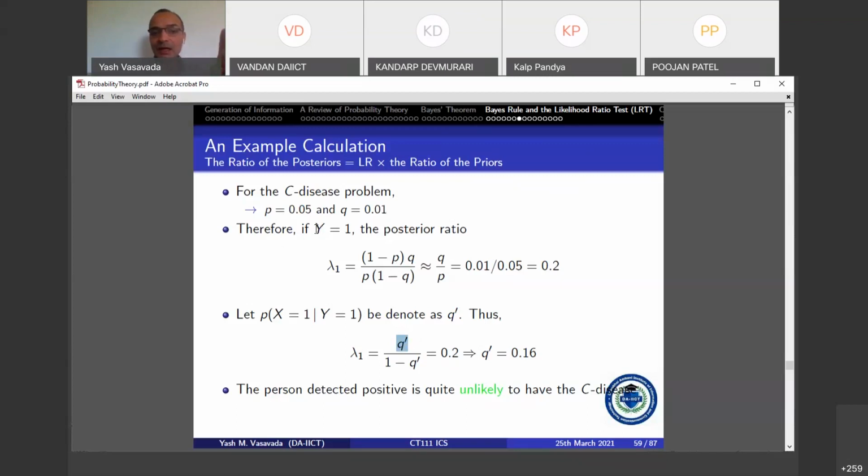And after receiving y equal to 1, you are updating the prior so that Q becomes Q prime. And that ratio is 0.2, and so you can do simple math and see that Q prime is 0.16. So once you know this technique, the answer to this question becomes very simple. It's just 2 steps. So you will still say that I don't have the disease because lambda 1 is less than 1.